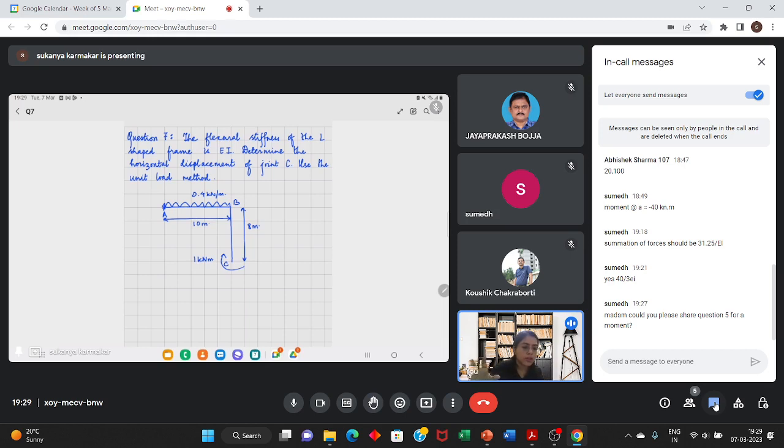First, under the given loading, calculate the bending moment diagram. And since you have to calculate the horizontal displacement at joint C, simply apply a unit load at point C in the horizontal direction. Whether you want to apply the load in this direction or in this direction, it depends upon you.